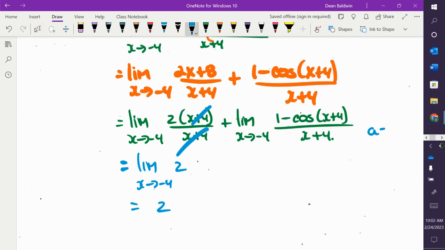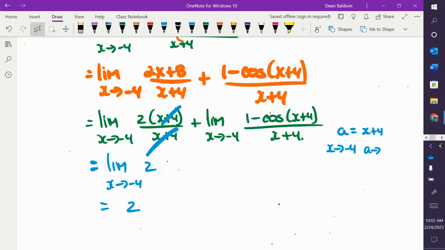So the substitution, what variable do you want to use? Okay, so a is equal to x plus 4. Then you ask yourself, as x goes to -4, what does a go to? 0, because you're doing a mini limit when you do this part. X plus 4 is a linear function, starts at 4, goes up 1 over 1.